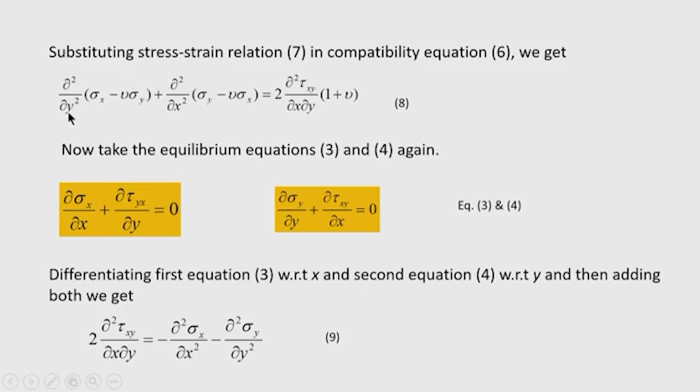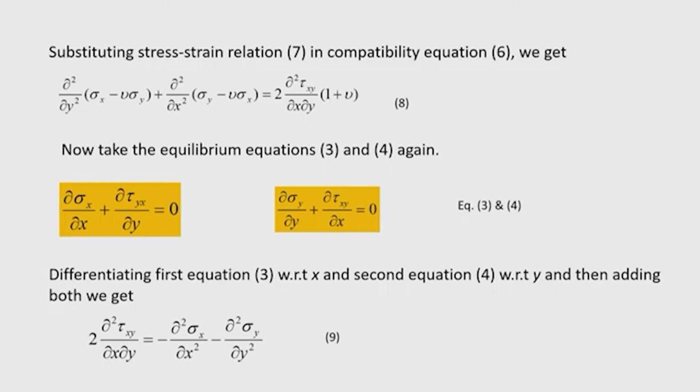Del square by del y square of sigma x minus mu into sigma y, plus del square by del x square of sigma y minus mu into sigma x, equal to 2 del square tau x y divided by del x del y into 1 plus mu. The 1 plus mu is coming here because of expressing the shear modulus in terms of the Young's modulus of elasticity, and Young's modulus appears on both sides of this equation 8. Therefore, it gets cancelled, and we are left with only this 1 plus mu.